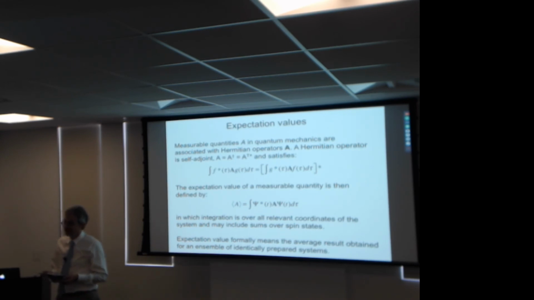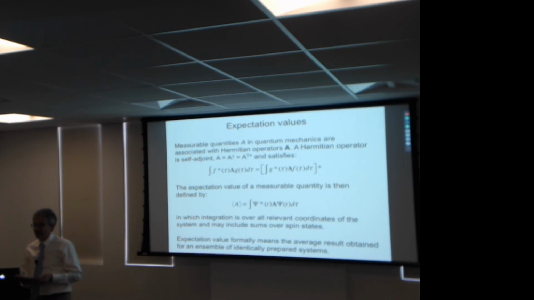And in quantum mechanics, the expectation value is the average of making the measurement over and over again on an ensemble of identically prepared systems. We'll get around to that very specific result in the next class. But this is our recipe.